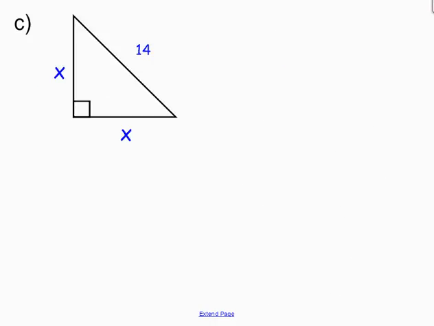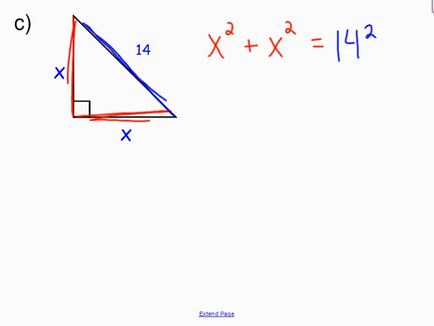Next one, you're going to learn how this one's pretty interesting. Pythagorean theorem. Take your legs, square them, add them together, and that will equal your hypotenuse squared. So some people start doing some goofy things here when simplifying.